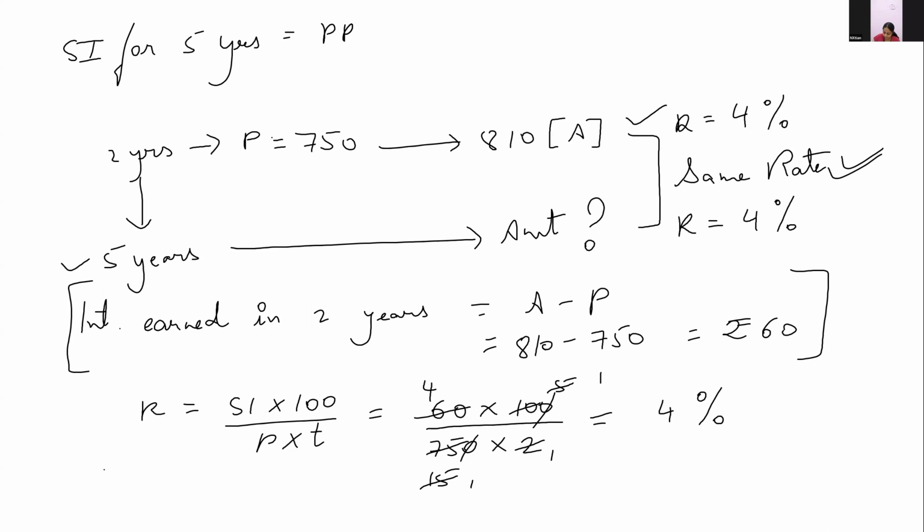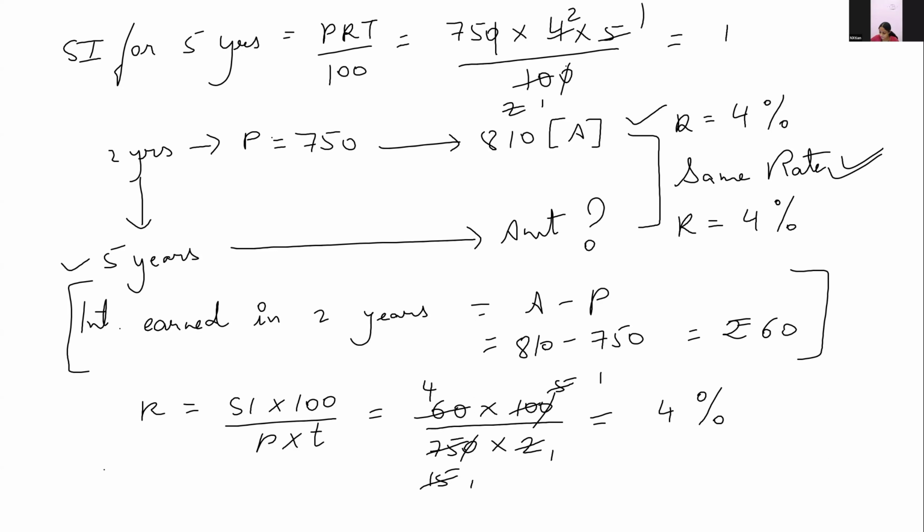P is the same, rate we have 4, time is 5 years. So 750 into 4 into 5 divided by 100. Cancel 0 with 0. 5 ones are 5, 5 twos are 10. 2 ones are 2, and 2 twos are 4. So 75 into 2 is 150.